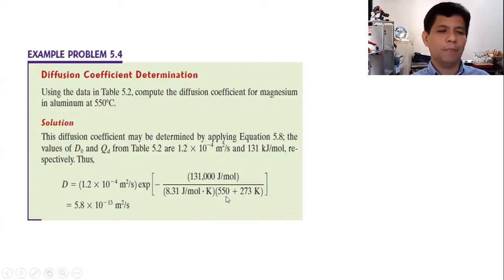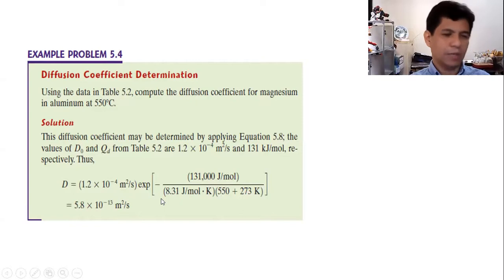Tapos yung temperature na 550, convert nyo sa Kelvin, 550 plus 273. Tama naman yung unit, ano? Ang kailangan lang dito, the same unit as the pre-exponential factor, meters squared per second. Magka-cancel out yung joules, yung moles, at yung Kelvin, kaya ito na lang talaga yung matitira.